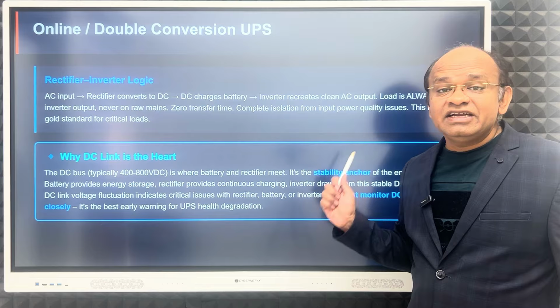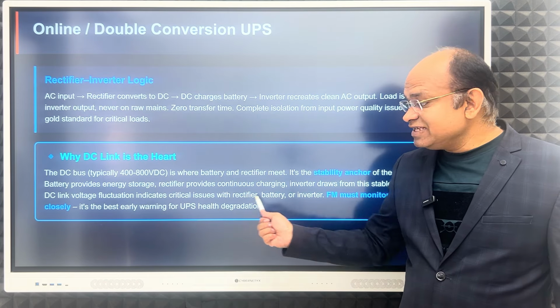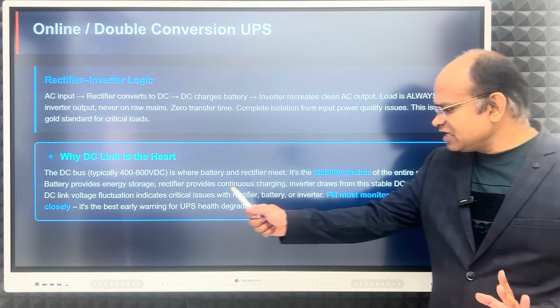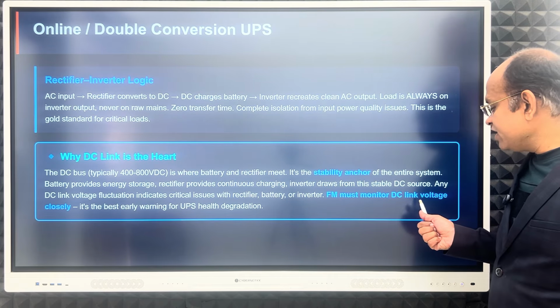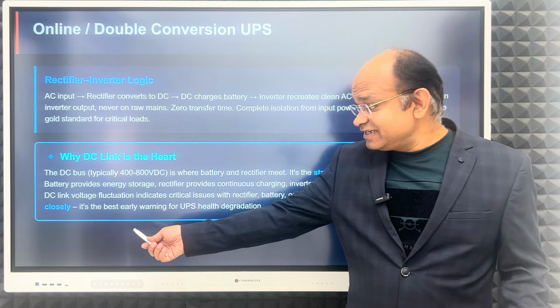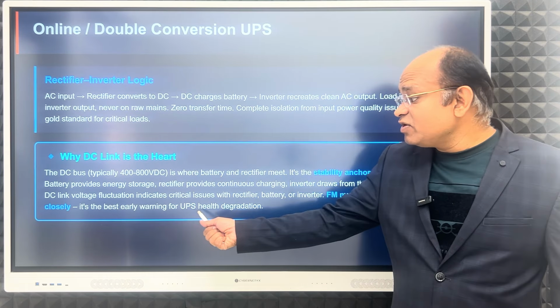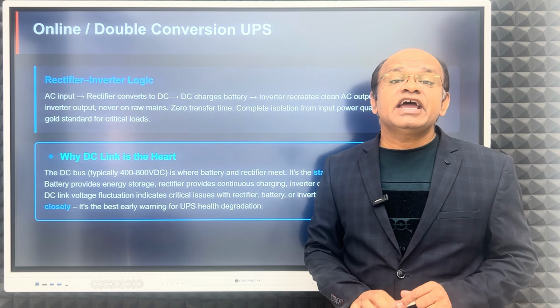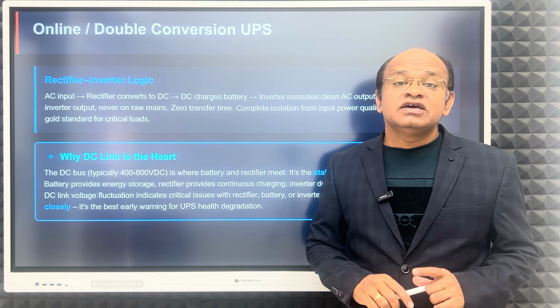So if you want to understand the issues on these three things, you need to monitor the DC bus voltage. FM must monitor DC link voltage closely. That is why I have highlighted it. It's the best early warning for UPS health degradation. As an FM, we should know.